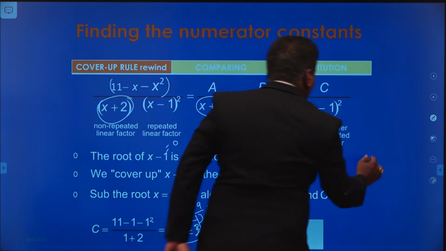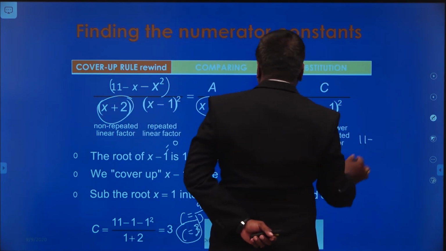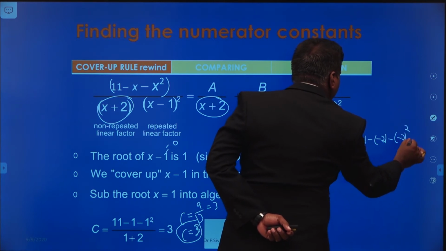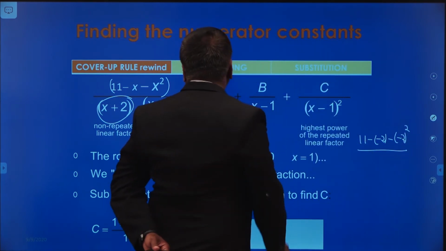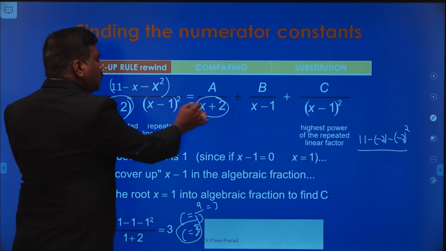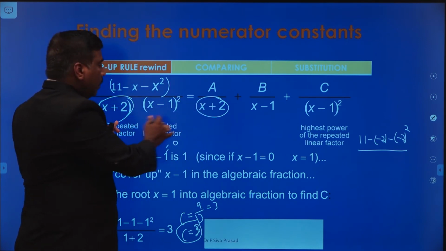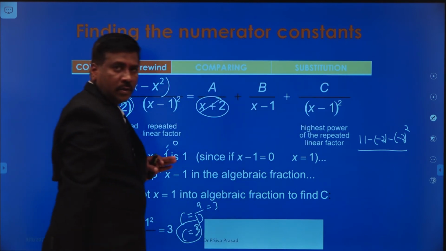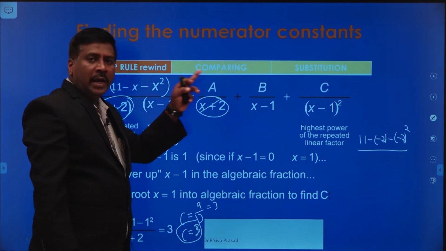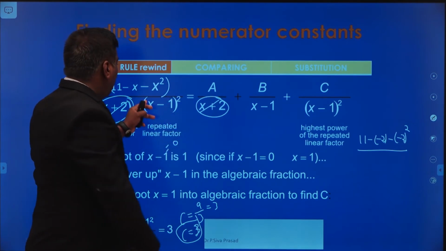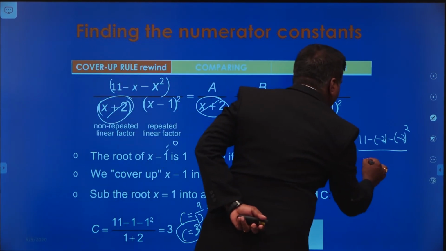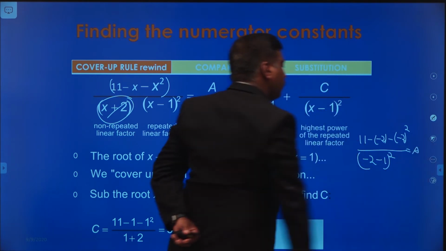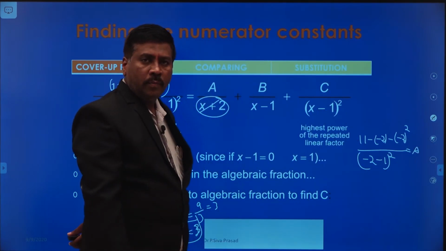Therefore, that is 11 minus, so minus of 2 minus of minus 2 whole square by, so now here x plus 2 is cancelled. You have to omit all those other terms, because our intention is to find the value of A only. Now this is minus 2 minus 1, whole square, that is equal to A. All of you catch my point?